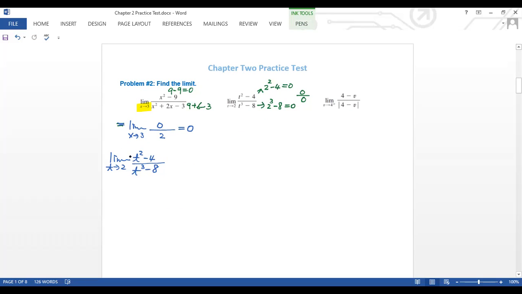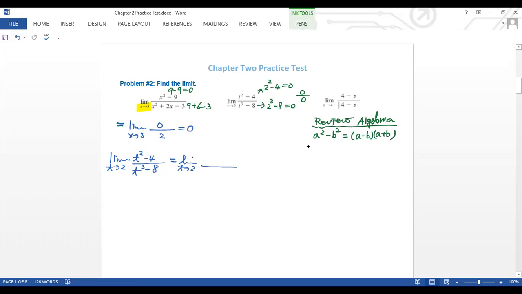Let's try to factor. So this is the limit as t approaches 2, and here is another bit of algebra, so let's review the algebra part. Make sure you know these very important factoring formulas, like a squared minus b squared, which will be a minus b times a plus b.